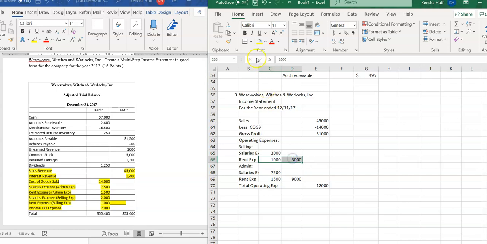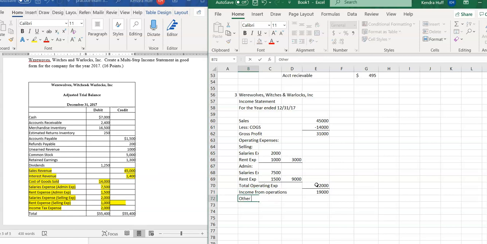So I'm going to draw a line under this. And a line under this. A line under this. And here too. All right, so then the 31,000 minus the 12,000, and that is income from operations.